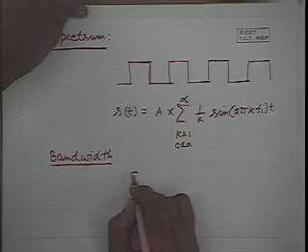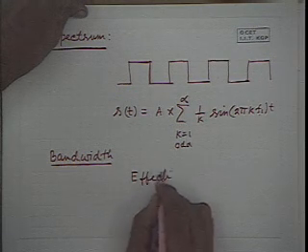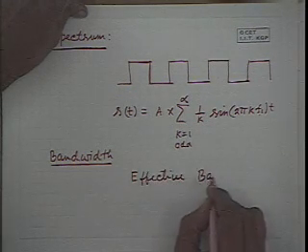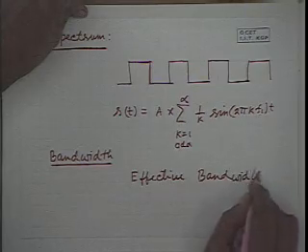But in practice, we can neglect most of the harmonics, because their contribution is very small, and we can approximate it by what is known as effective bandwidth. So effective bandwidth is a range of frequencies over which the majority of the energy is concentrated.